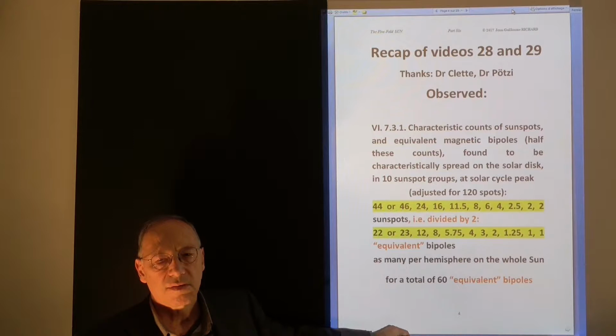There is an equivalent number of 60 B-poles per solar hemisphere, as expected from the solar cycle kinematic in terms of differential rotations, which was introduced in part 1 of the Fivefold Sun as a book and in the first few videos of this series.